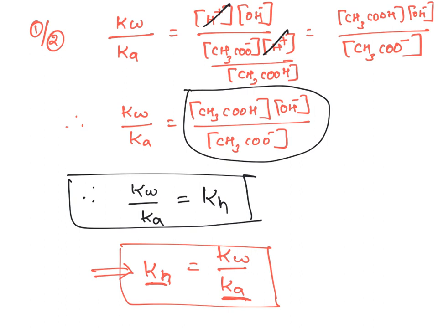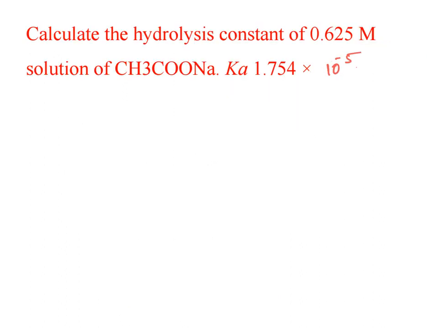Let's take one problem on this concept. Calculate the hydrolysis constant of a 0.625 molar solution of sodium acetate, and they have given the acid dissociation constant of the acid. We know the formula: hydrolysis constant equal to ionic product of water by acid dissociation constant.